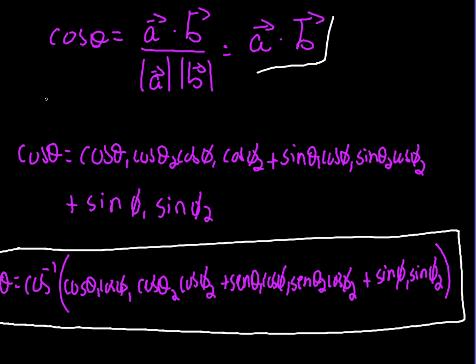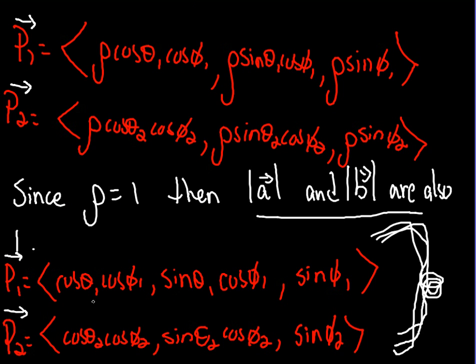So how do we calculate the dot product? Well, we multiply the x component of P1 times the x component of P2, and then add the y component of P1 times the y component of P2, and then add the z component of P1 times the z component of P2.